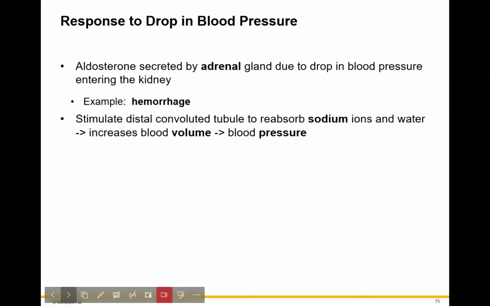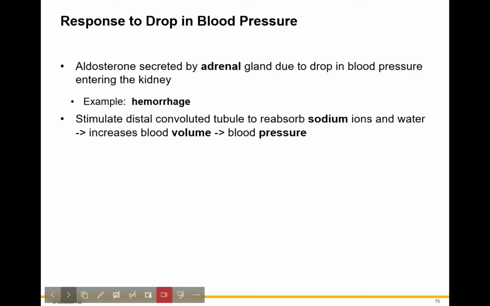Now, there is another mechanism that increases water reabsorption in this area, and this is in response to a drop in blood pressure. Aldosterone is secreted by your adrenal gland due to a drop in blood pressure entering the kidney. The kidneys and the heart sometimes battle with each other a little bit.